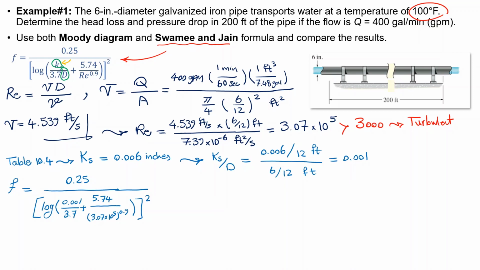So when you calculate this, the value for F would be equal to 0.0207, and this is the friction factor.